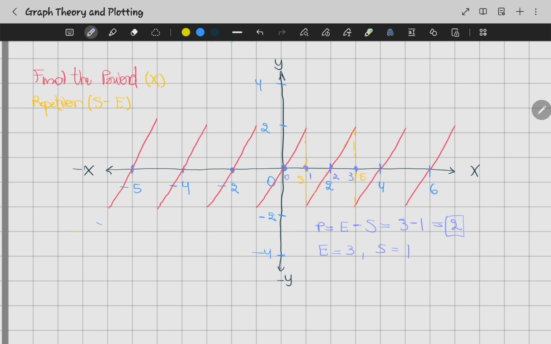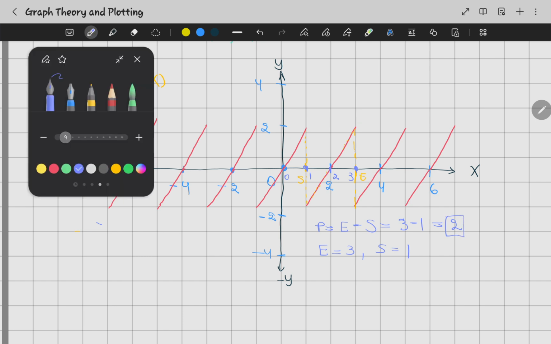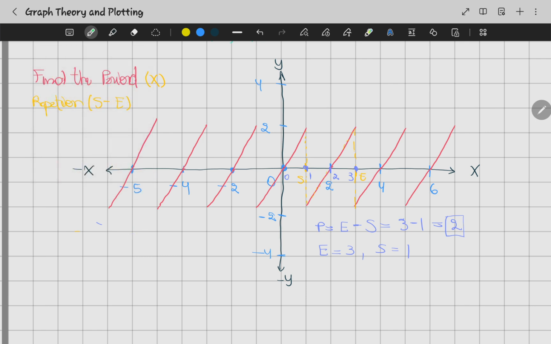And just to give you another example, because you can pick up any point here. Let's go with, maybe, if we select this point where the signal starts and where the signal stops.